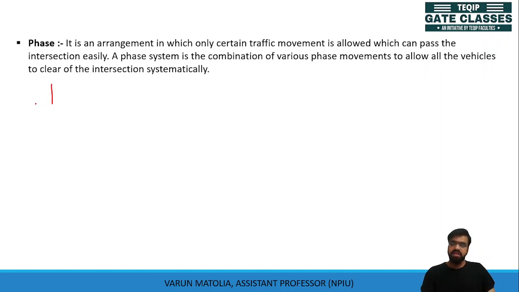If this is an intersection, there will be traffic coming from this direction and it will intend to move in this and in this direction. Similarly, traffic is coming from this direction, it will intend to move in this and in this direction also. Similarly, from here we have traffic.